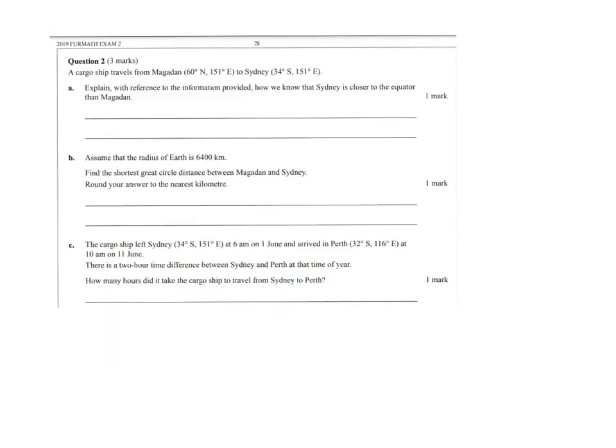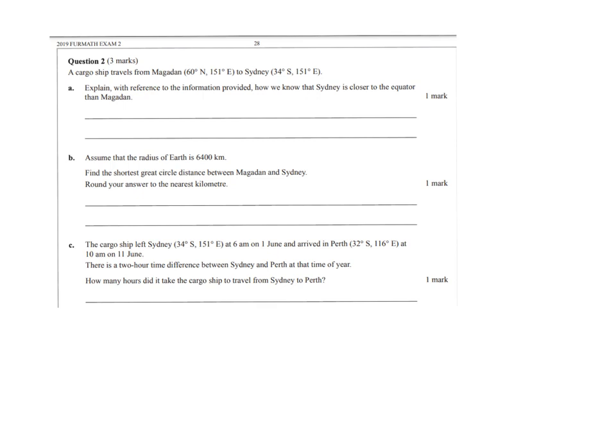All right, this is the last one. So let's have a look. A cargo ship travels from Magadan, there's its location, to Sydney. Explain with reference to the information provided how we know Sydney is closer to the equator.